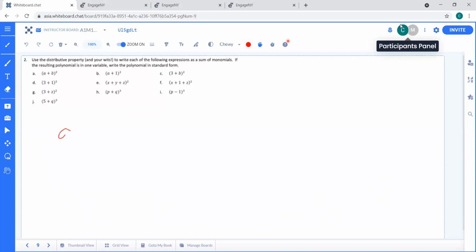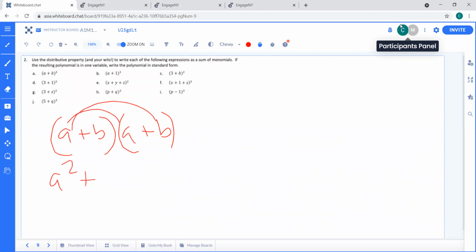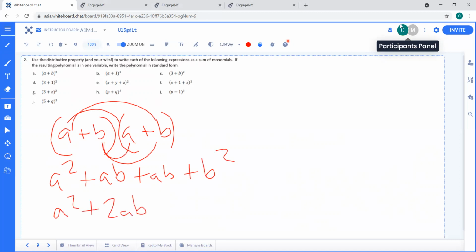So what you're going to do is say A plus B times A plus B. And that's going to be A squared plus AB plus AB plus B squared. So that's A squared plus 2AB plus B squared. And that's what you're going to do on all of them.